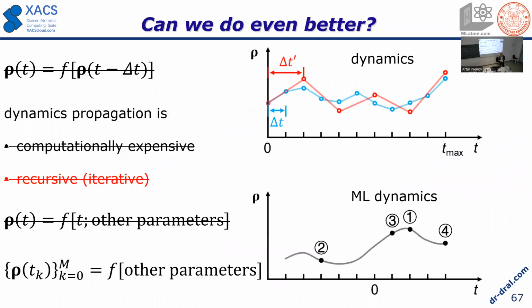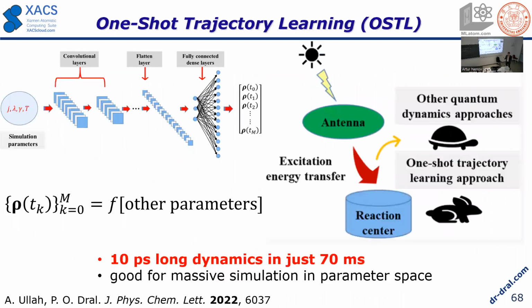Another way to do it is that sometimes you don't even need the time. You can predict the whole trajectory. That's also machine learning to do. And then you don't need to predict one to three, you just can predict everything together. And if you do this, then you have 10 picosecond dynamics, which may take a long time to propagate with HEOM or other methods.